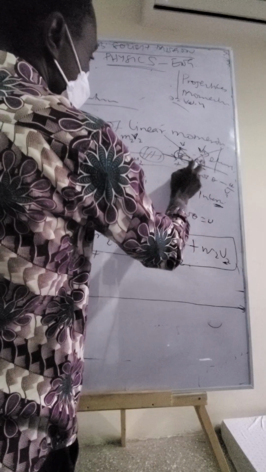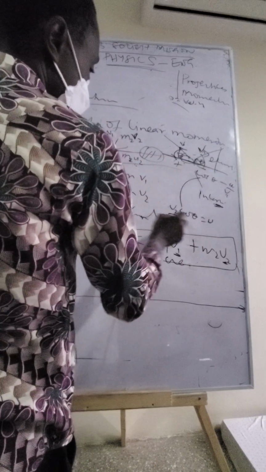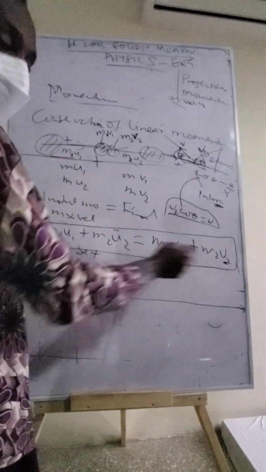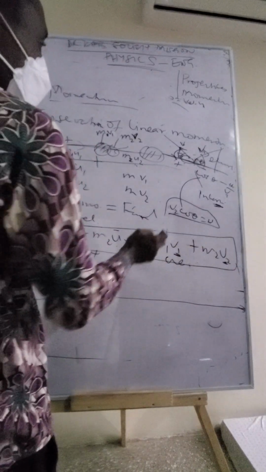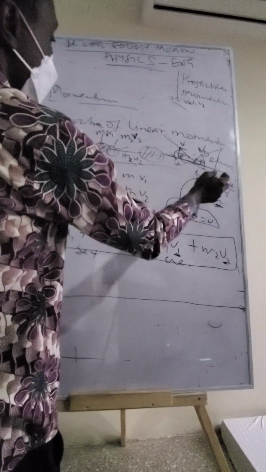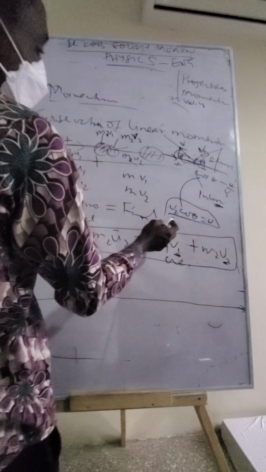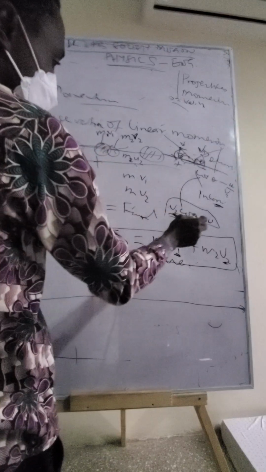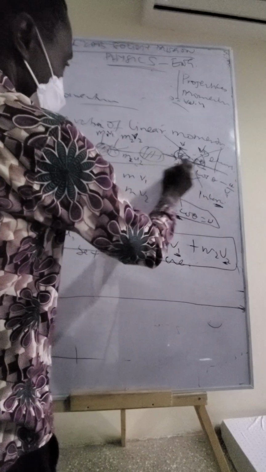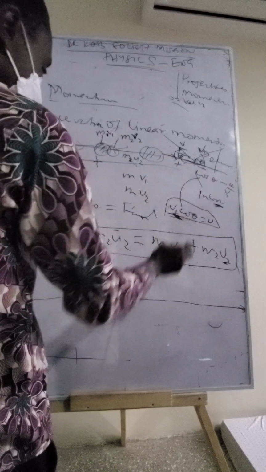That means we have this component in this direction, and this is what we are going to use in the conservation of linear momentum equation. So when they move at an angle, just get their velocities in the same horizontal direction and then consider the direction. That's the actual velocity in the same path after the collision, and you put it there.